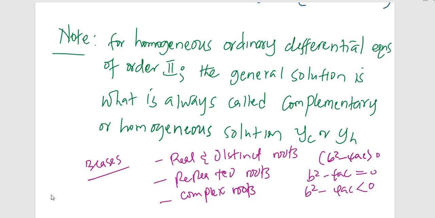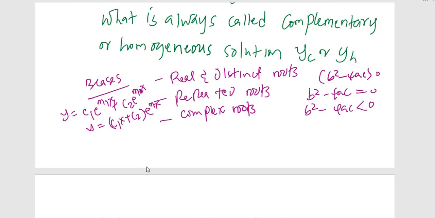So in the first case, y is equal to c1 exponential of m1x plus c2 exponential of m2x. The second one will be (c1x plus c2) exponential of mx. For complex roots, y will be exponential of alpha x into (a cos beta x plus b sin beta x).